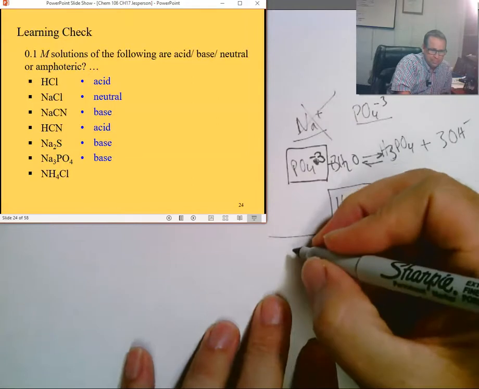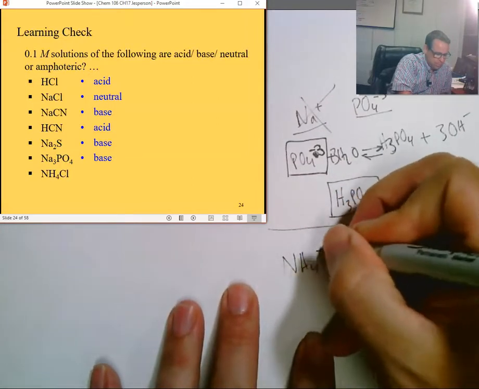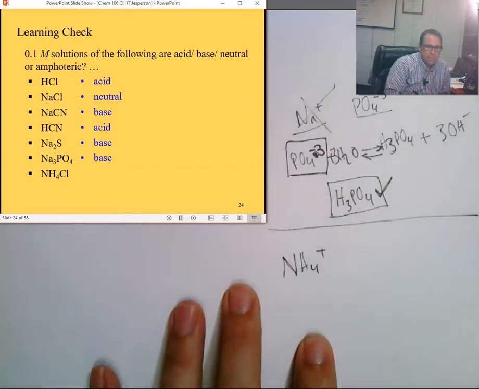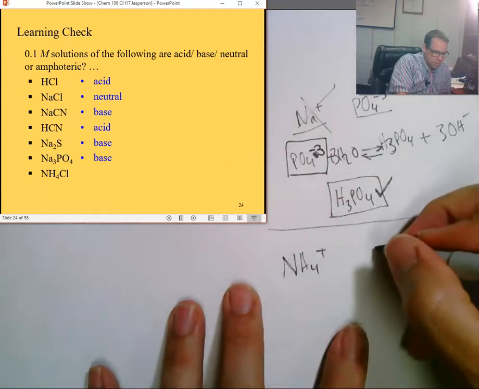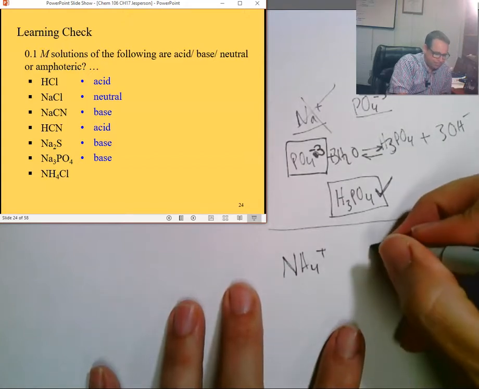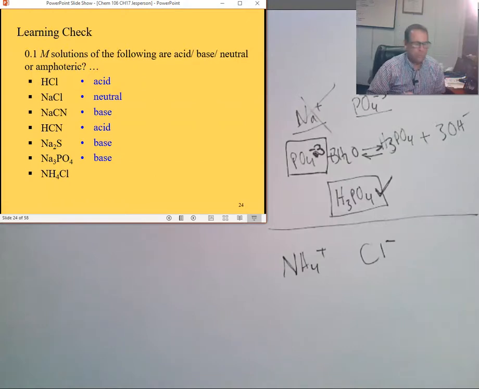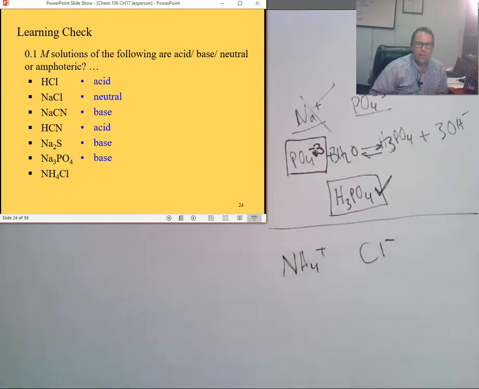So will the NH4 stay together, or will they split? It will stay together. It's just an ion in solution. So we get NH4+, and then, what else? And then the chloride ion. Okay, very good. Now, will either of these affect the pH?